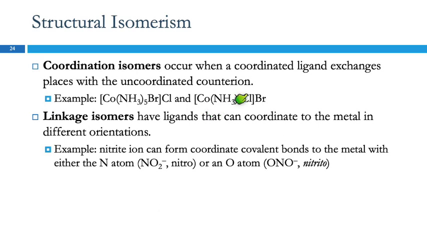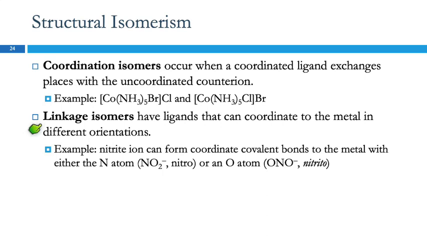In the other isomer, the chloride ion is a ligand, and the bromide is the counterion. They've swapped places. You see how that's different? It's the same but different. These are going to have the same molar mass, the same empirical chemical formula, but they are actually different compounds.